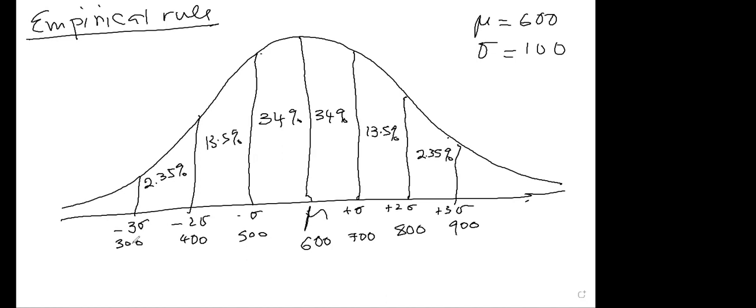Using this rule, what is the proportion of values within 1 standard deviation to the right, between 600 and 700? 34%. What about between 700 and 800?